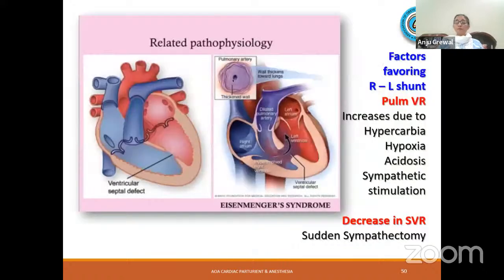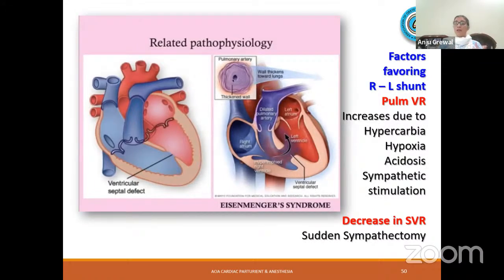Okay. We move to one of the nightmares for any anesthesiologist, and that is Eisenmenger syndrome, right? Now, what is Eisenmenger syndrome? It is basically any kind of a chronic left to right shunt, which over time, because of the presence of any of these factors, pregnancy being one of them, infection, hypoxia, hypercarbia, acidosis, changes into a right to left shunt.